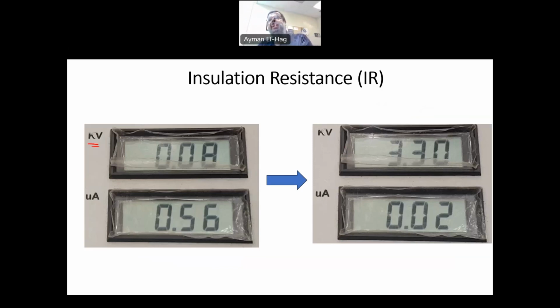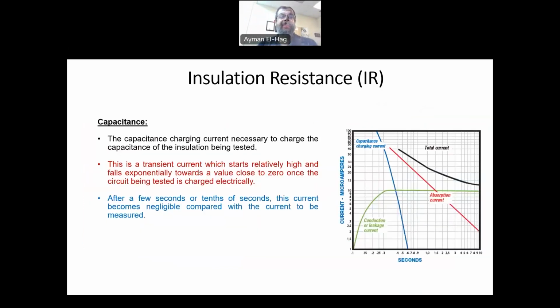Basically, the current that we measure using the MEGGER test has three components. The first component is the capacitive component, because the way we look at the insulation of any system is as a capacitor in parallel with a resistance. That is the circuit model of an insulation system.